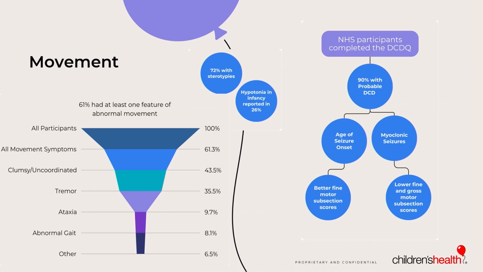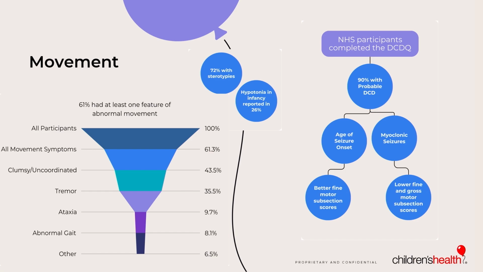In general, delays in development and lower IQ are associated with decreased motor skills, and children with autism may have atypical patterns of gait and reach regardless of their cognitive level. Abnormalities in movement and muscle tone are frequently described in the SLC6A1 community, with 44% of caregivers in our cohort describing their children as clumsy or uncoordinated.